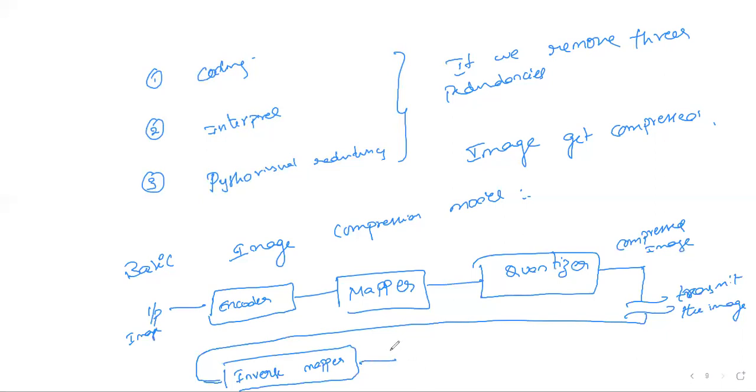Next, the encoder's reverse process is the decoder. So that we get the decompressed image. This is the basic image compression model.